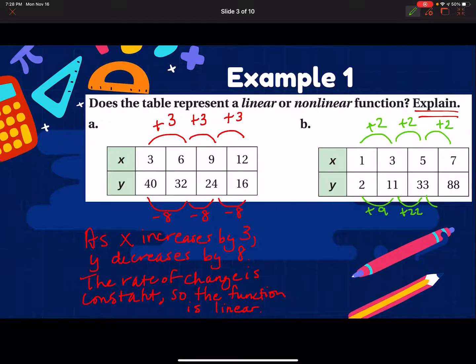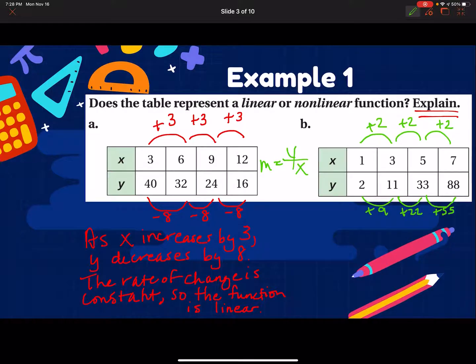And with 33 and 88, we have an increase of 55. So if I were to compare the rate of change, or slope, and I thought about it like y compared to x, each one of these comparisons would be different. So that tells me the rate of change is not constant. So this isn't going to form a line, it's actually going to be nonlinear.